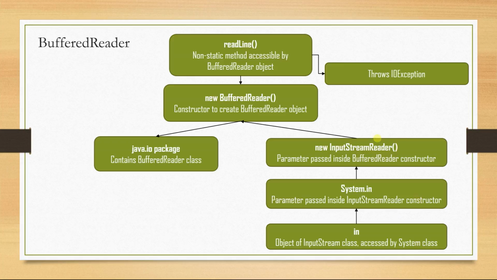So if we go backwards, InputStreamReader takes the object of the InputStream class, BufferedReader takes the object of the InputStreamReader class, and this BufferedReader object allows us to use the readLine method in order to take the input. Ultimately this BufferedReader class is present inside the java.io package, so if we need to use it, we have to import it.